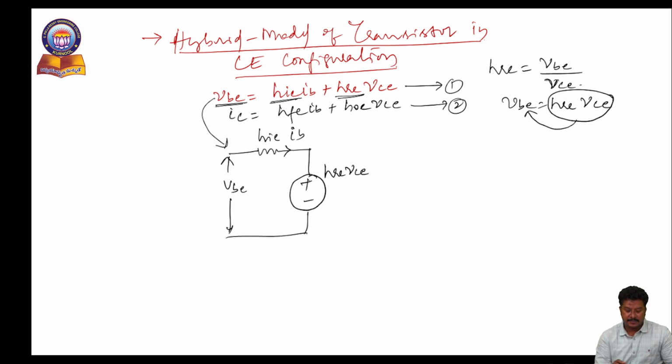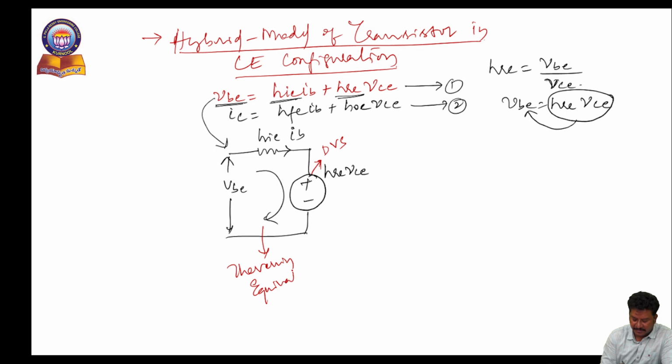You carefully observe that applying KVL here, VBE is HIE IB plus HRE into VCE. It is a dependent voltage source. And here HIE will explain the resistive behavior. And if you carefully observe, the resistance is in series with the voltage source, which is equivalent to a Thevenin's equivalent.